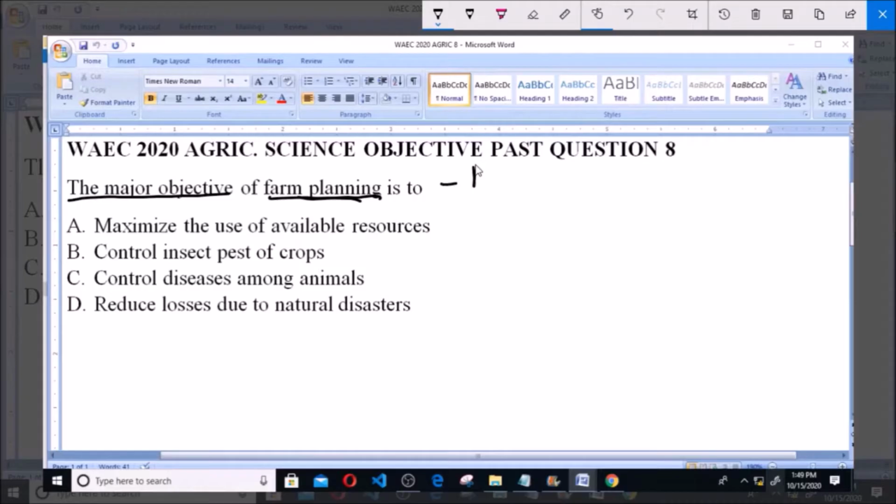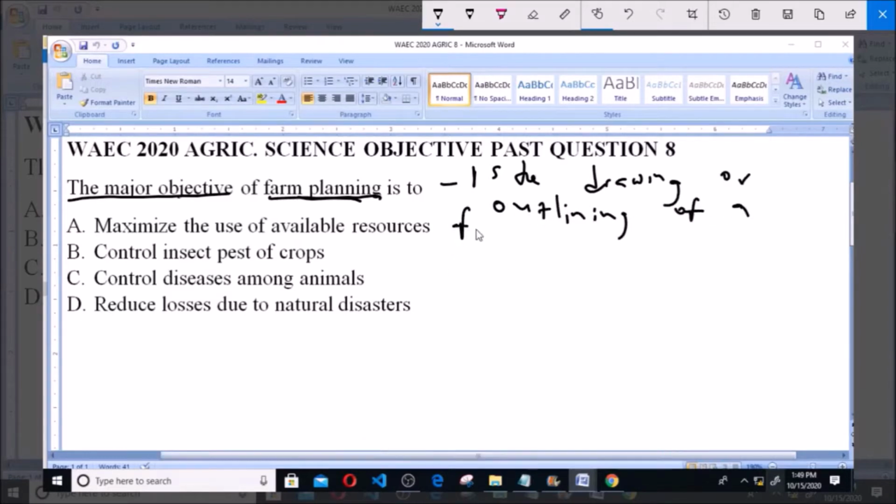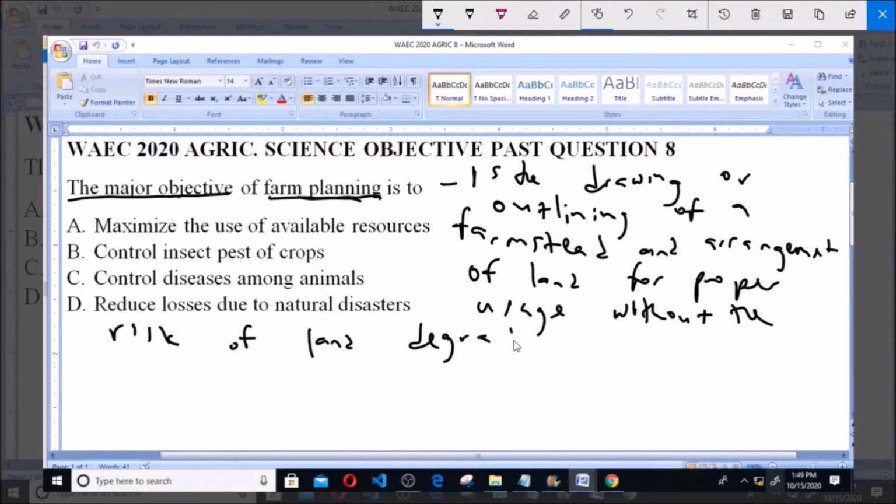Now farm planning is the drawing or outlining of a farmstead and arrangement of land for proper usage without the risk of land degradation.